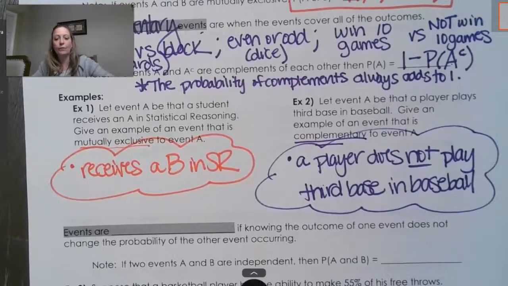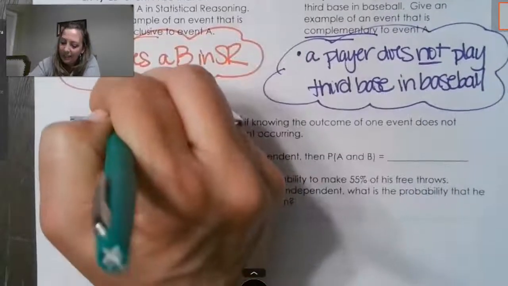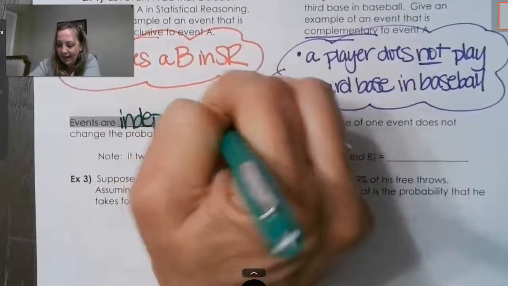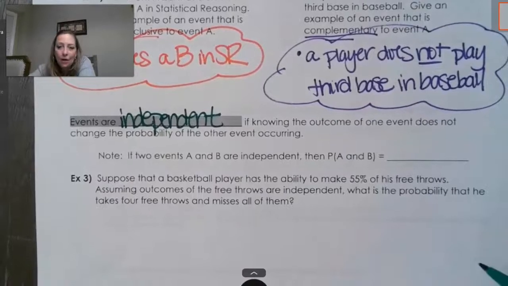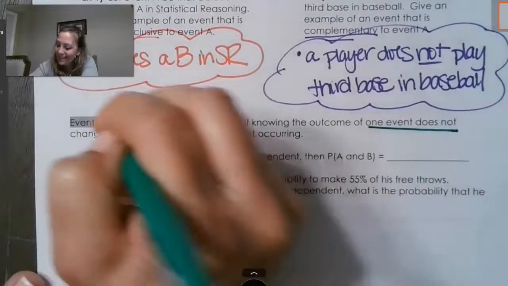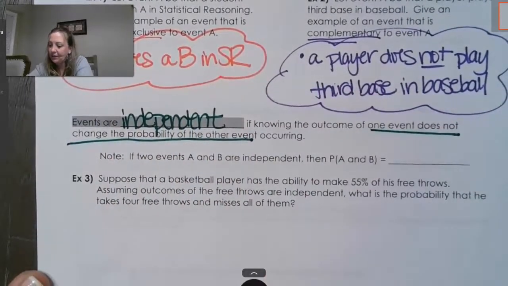Okay. So let's also look at independent events. Events are independent, and we talked about this in the past, if knowing the outcome of one event does not change the probability of the other event occurring.